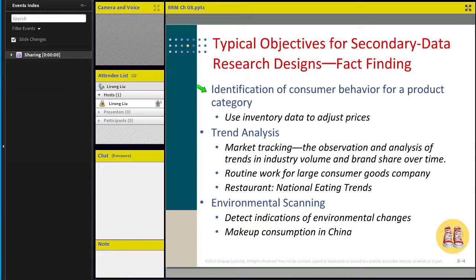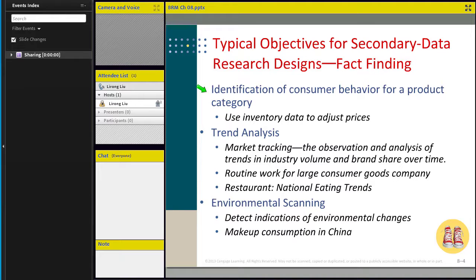For example, we could identify consumer behavior for a product category, and we could use inventory data to adjust prices. If you have too much inventory, that means sales are not going well. You might want to consider adjusting prices to increase sales, because after all, inventory is also costly to the firm.